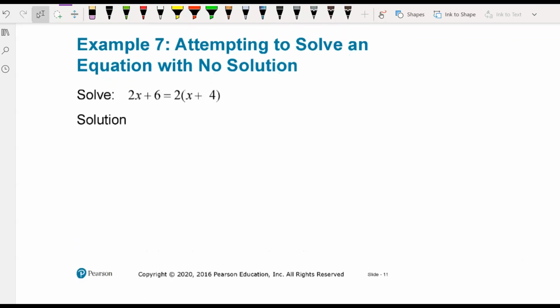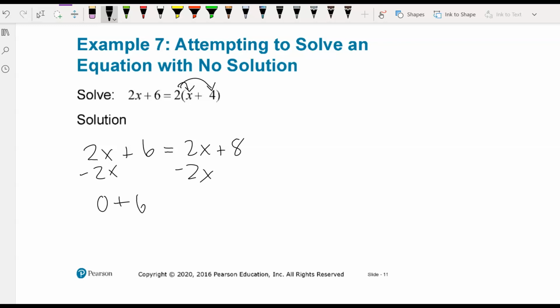All right, attempting to solve an equation with no solution. So let's look at these. Distribute first. So you have 2x plus 6 equals 2x plus 8. If we move the x's, we get 0 plus 6 equals 8, which is 6 equal to 8, which does not work.